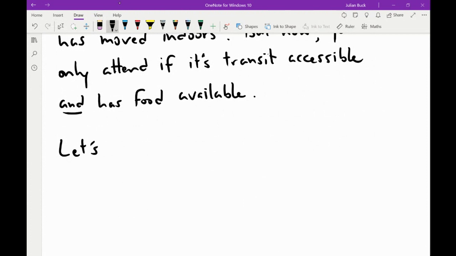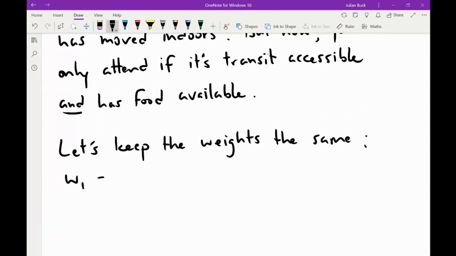So as mentioned, let's keep the weights the same as in scenario 3. So W1, the weight for the weather, which doesn't matter, is 1. W2 is 6. And W3 is also 6.